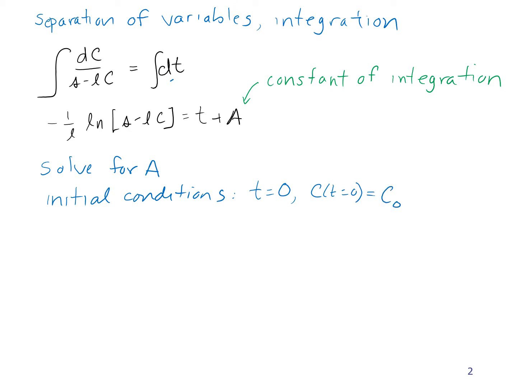And so now if I make that substitution, at time 0 I have minus 1 over L times the natural log of s minus L C naught is equal to 0 for t plus A. So now I know what A is. In the next step, I'm going to substitute A back in.